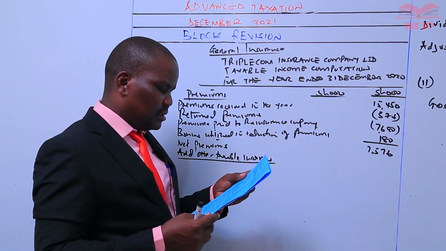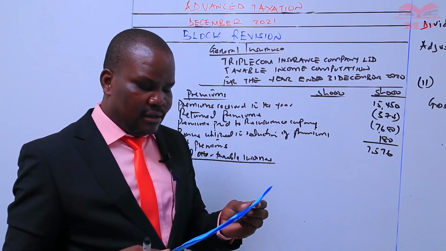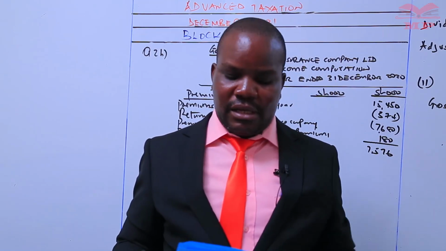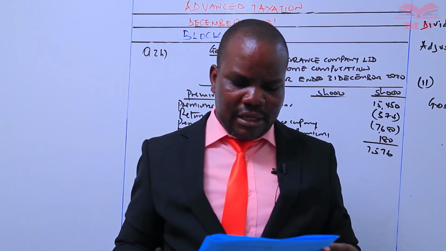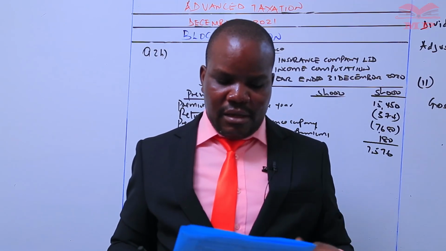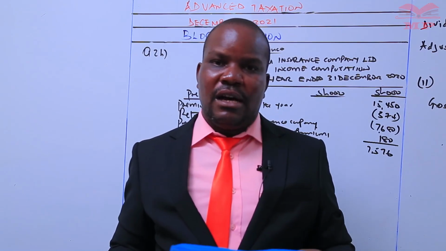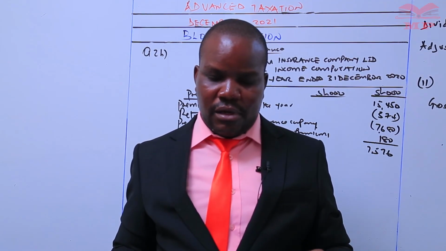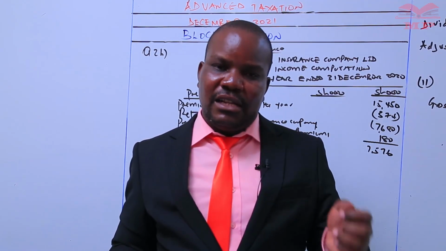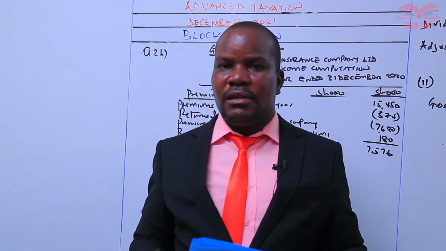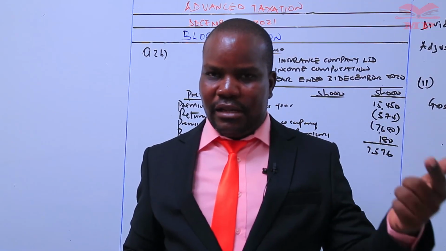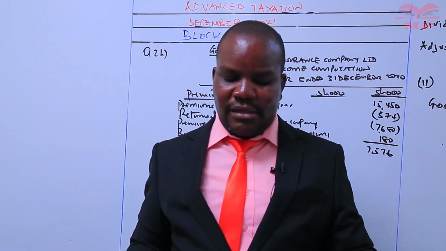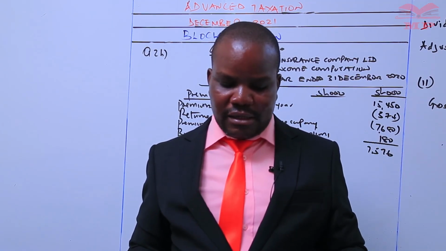If you are keen, there's what we call commission ceded. That is commission that was received by this insurance company from another insurance company for giving them insurance business. So that is a taxable income in the books of this company. We can have commission ceded or commission paid. Now, if insurance company A gives insurance business to another insurance company B, the company giving the business receives a commission from the other insurance company.